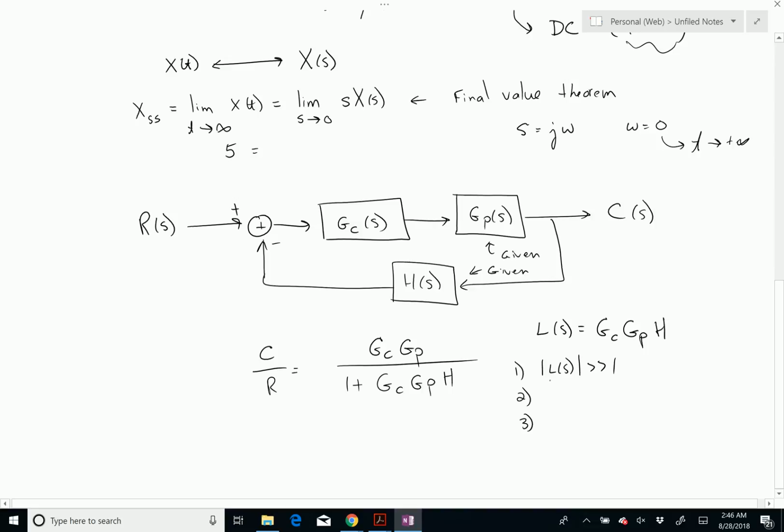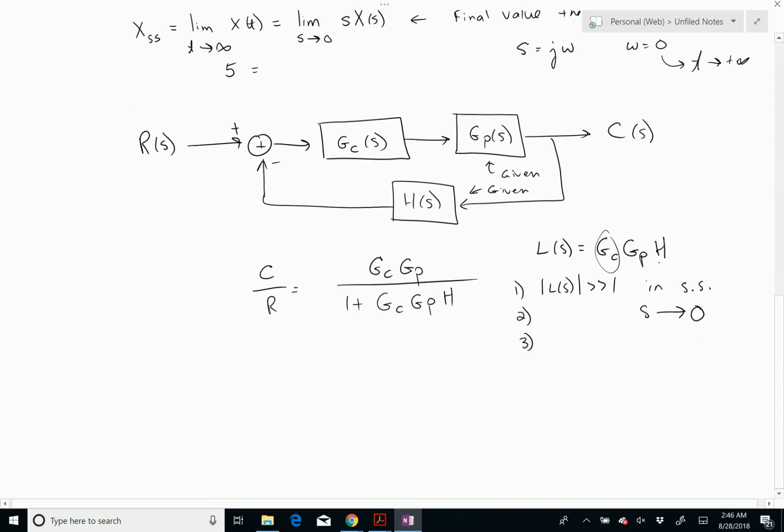Well, in this case, and I said in steady state. So what that means is as S goes to 0. So in this case, since GP and H are given, the only thing I have control over is G sub C. This guy is our controller.